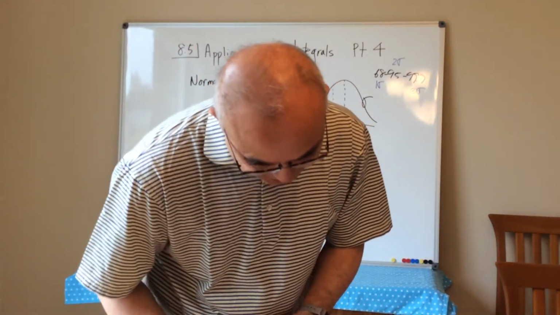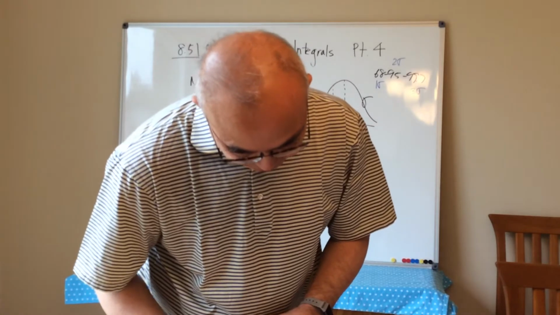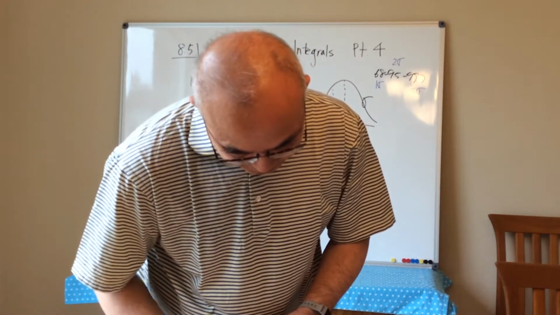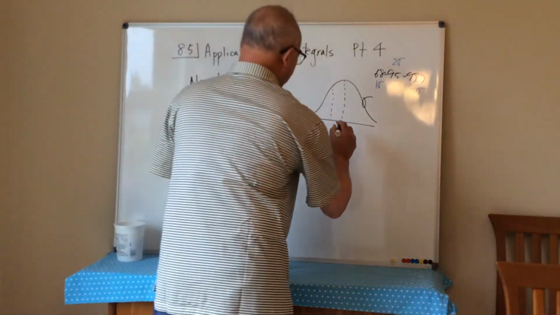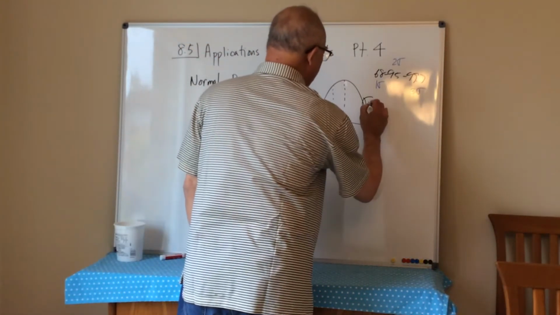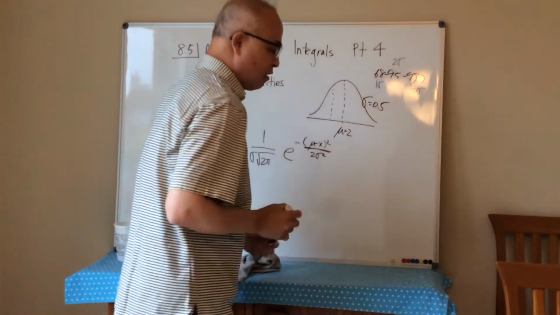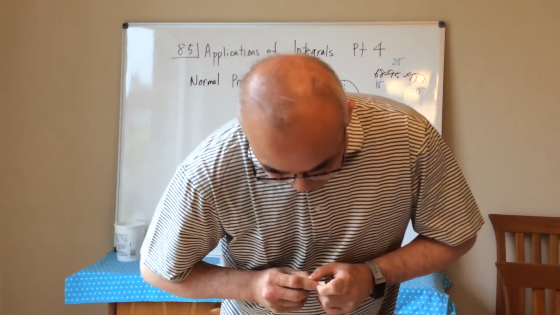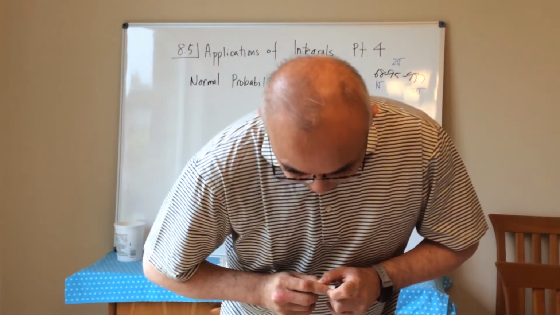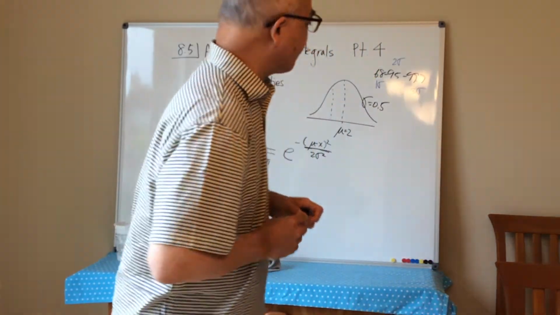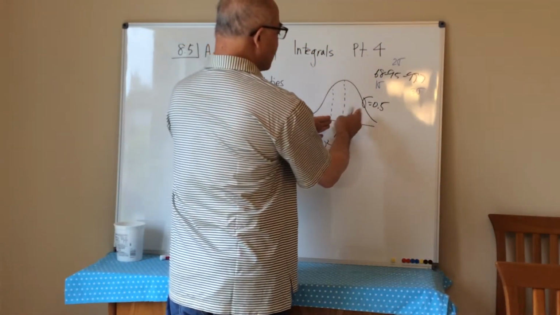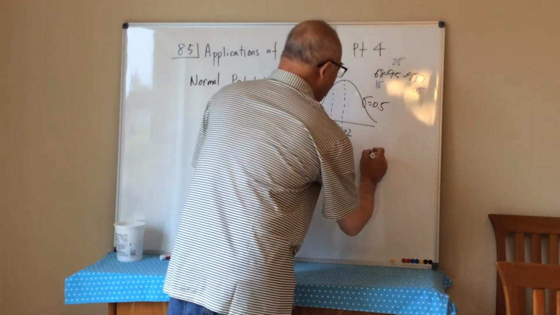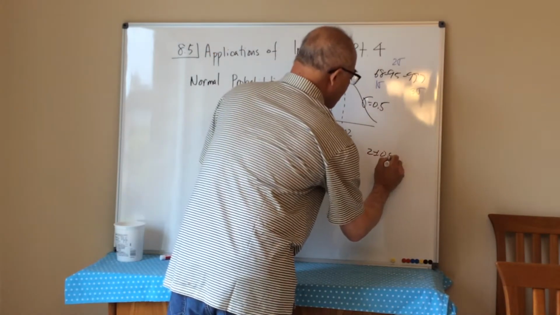Example 6. Suppose a telephone helpline takes a mean of 2 minutes to answer a call. So the mean is 2 with a sigma of 0.5. Then 68% of the calls are answered within 1 sigma, so it would be 2 plus or minus 1 sigma.